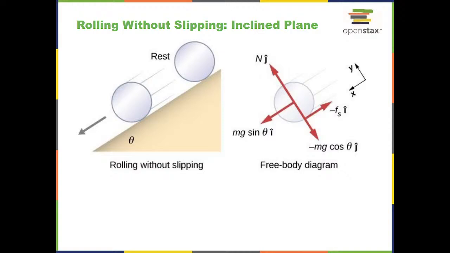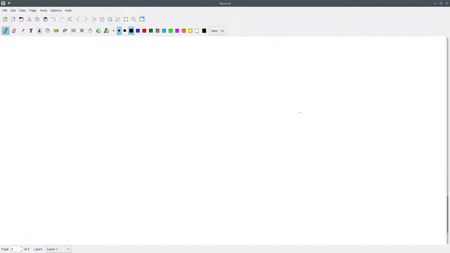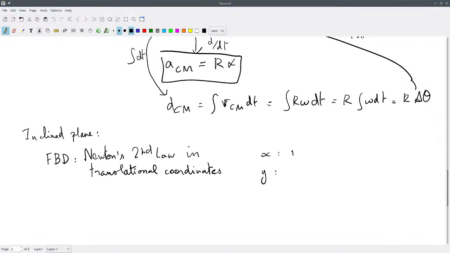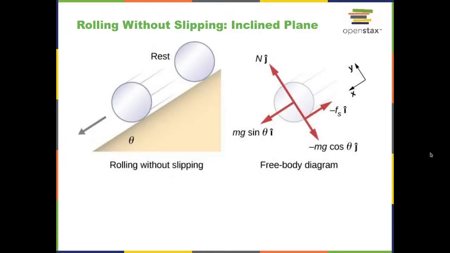So there must be some friction there. So mg times sine theta minus the force of static friction has to be equal to mass times the translational center of mass acceleration. Just going back to the figure, you can see that mg times sine theta minus fs gives the acceleration downwards in the x direction.